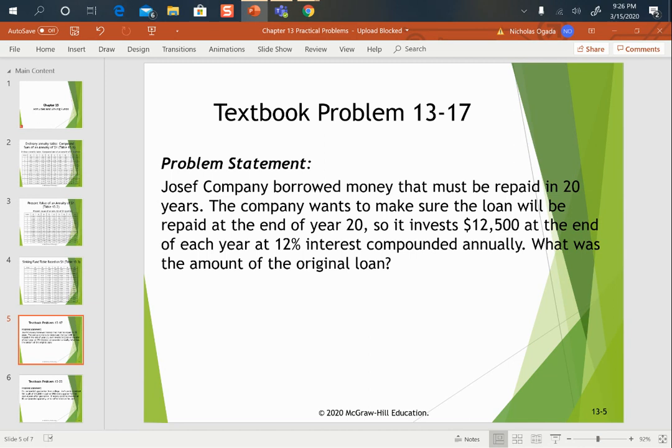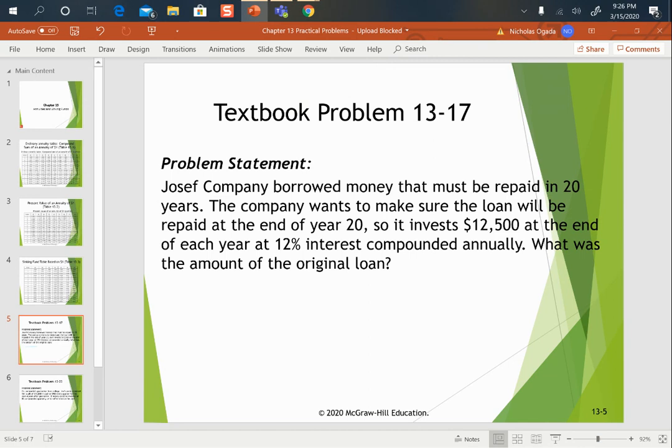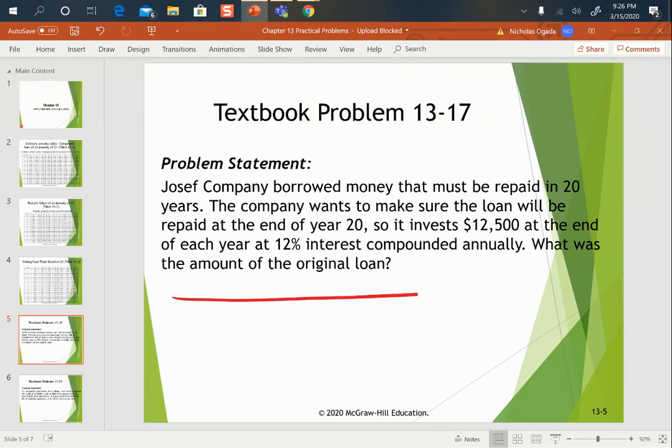Now I like to use the timeline. Again, I told you when it comes to these time value of money problems, the best thing to do is to draw a timeline. So I'm going to draw one, just to give us a bigger picture of what you're doing.